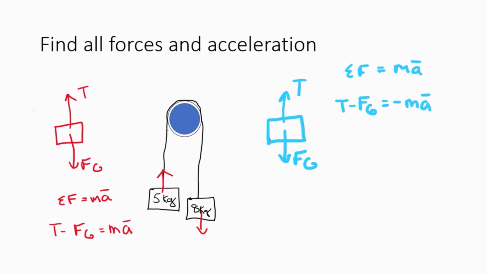Now, I could put the negative in between the M and the A, but in the end, if there's a negative number, this whole thing is going to be negative. So these are my two equations. And again, this is up, this is down, this is up: positive, negative, positive. This is up, this is down, this is down.